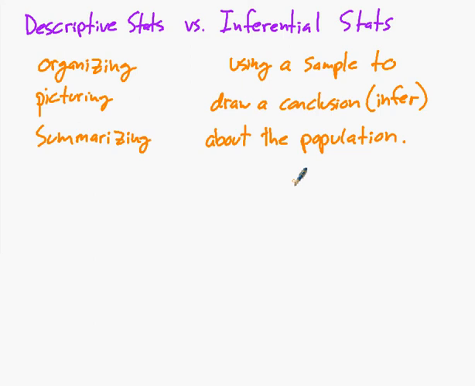Because again, it's going to be very difficult to measure the entire population. So all we have is the sample. So the sample will be different, but different in possibly predictable ways. And so this is where we get into a lot of probability and sort of combine probability with descriptive stats to infer something about the whole population.